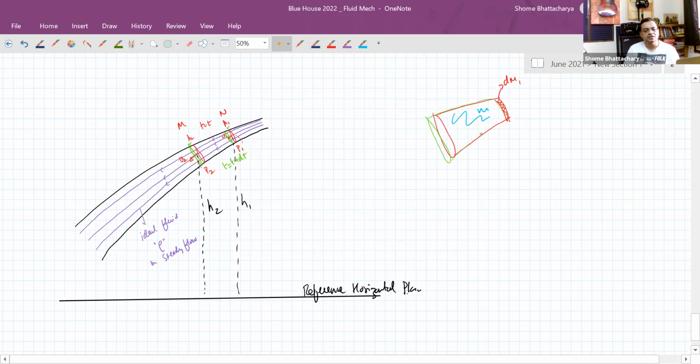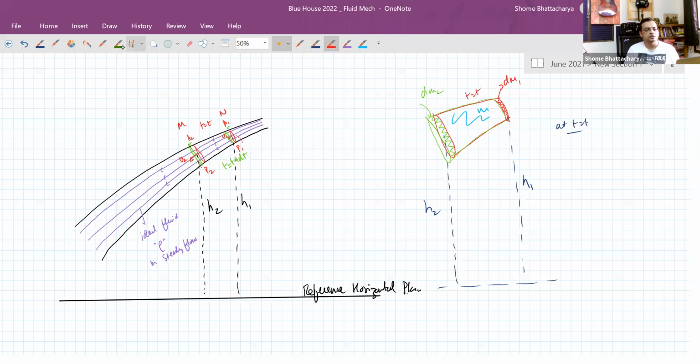So now it has that common mass M, plus additionally this mass dm2. With respect to my reference level, this mass dm2 is at a height h2, and this is at a height h1. So at t equal to t it is here, whereas at t plus dt it has shifted like this.